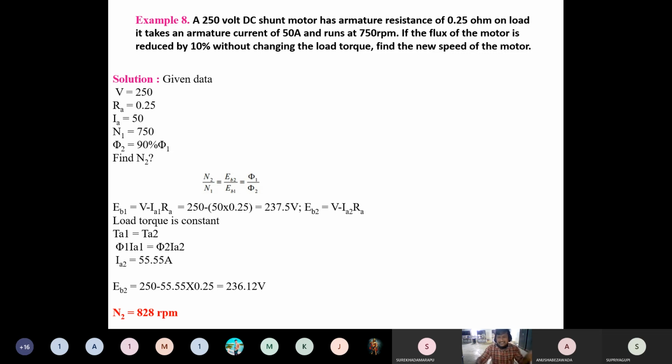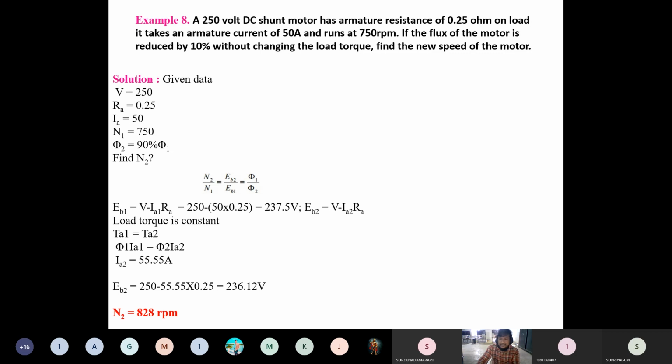Terminal voltage is same, resistance is same, but current is different: current at one loaded condition, current at another loaded condition. So EB1 is equal to V 250 minus Ia 50 into Ra 0.25, that is 250 minus 50 into 0.25, that is 237.5 volts.